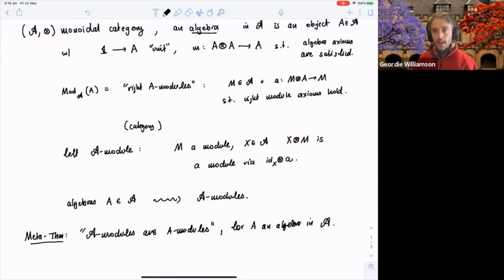Algebra in A. Okay. And for a precise version of this, the annoying thing about this meta theorem is that it's not always true. But if you would like to see an example where this is true, there's this beautiful paper of Ostrich.